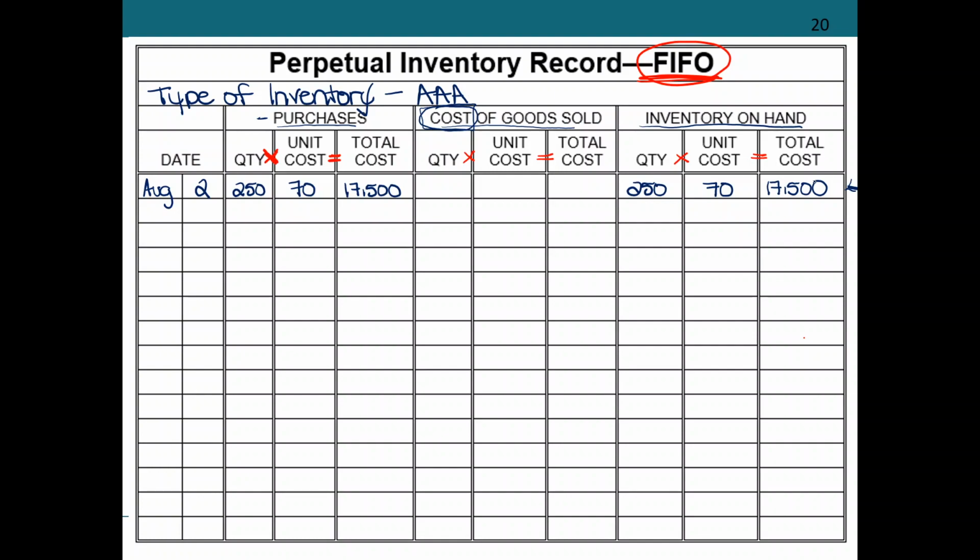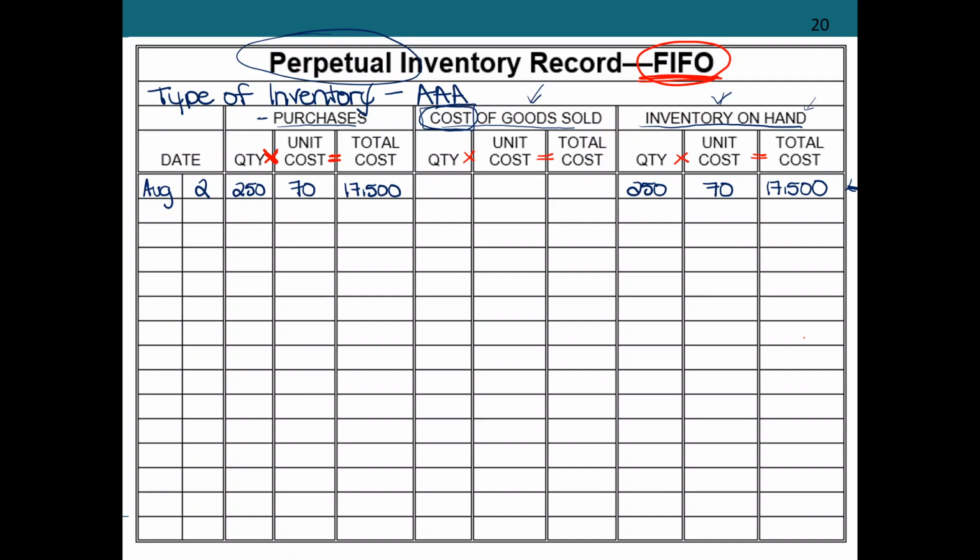And that's the first purchase. So every single time you have a purchase or a sale, you will have something in the inventory on hand column. So if you're purchasing something, you have something in the purchase and inventory on hand. If you're selling something, you just have something in this cost of goods sold and inventory on hand. But we always update our inventory because this is perpetual. We're always updating that.